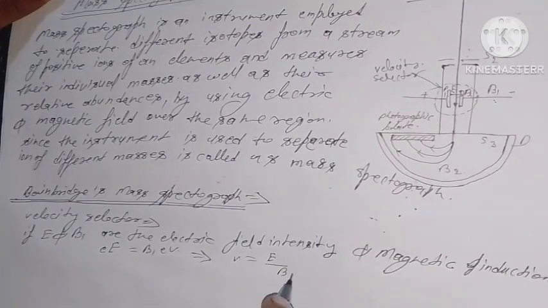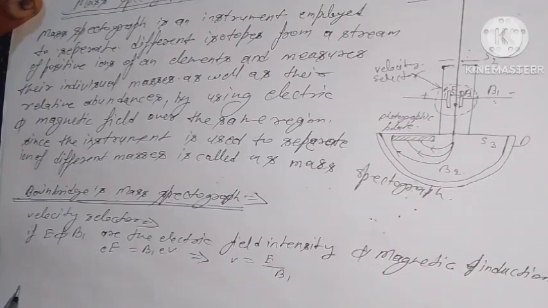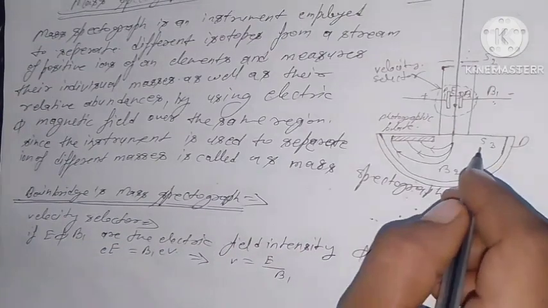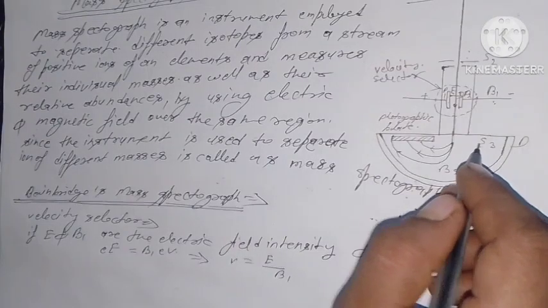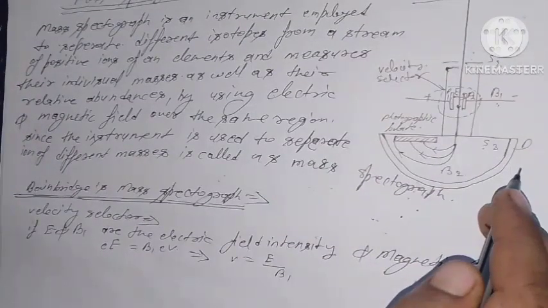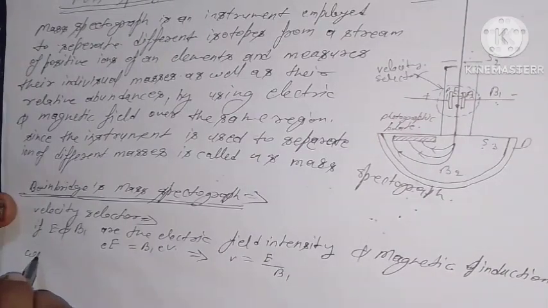Hydrogen has three isotopes: 1H1, known as protium, 1H2, known as deuterium, and the third is tritium, 1H3.